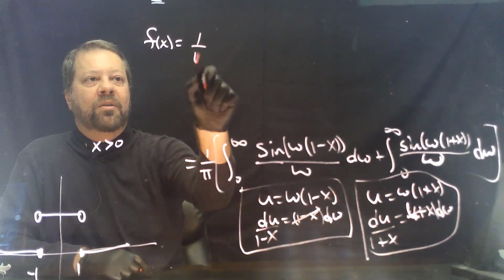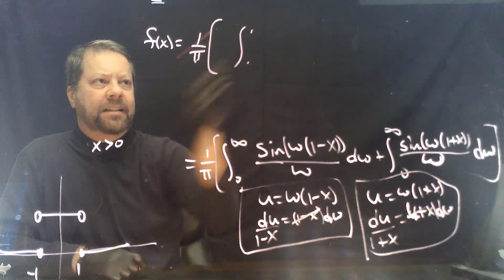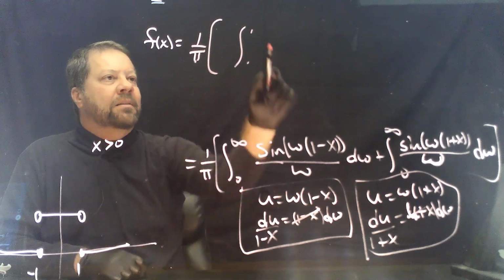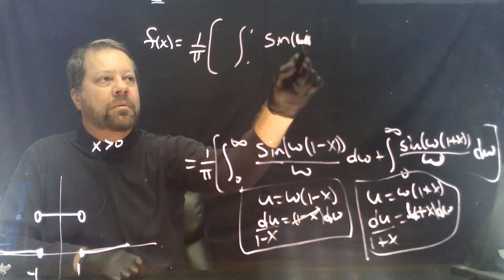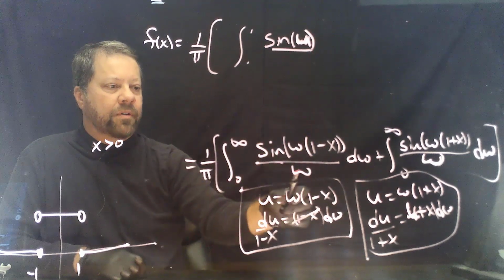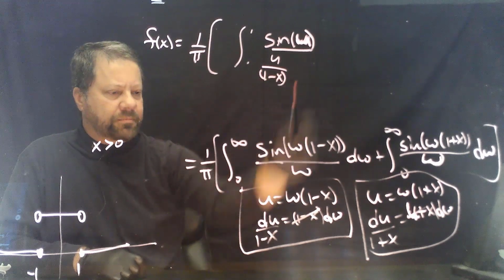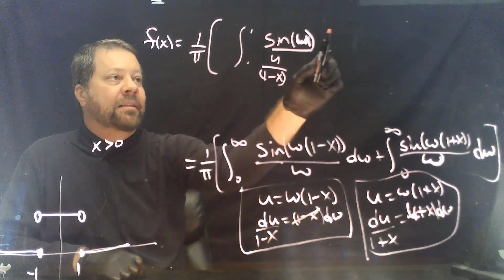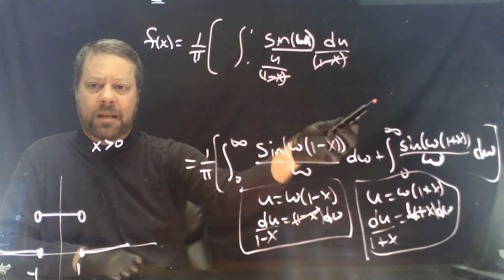We'll have then 1 over pi integral from dot to dot. I'll not worry about that. We'll have sine of u over, let's see, omega is u divided by 1 minus x here, but d omega is du divided by 1 minus x, and we'll have cancellation.